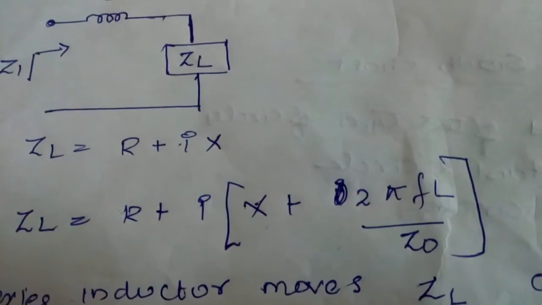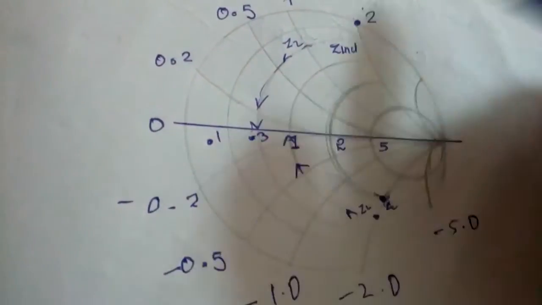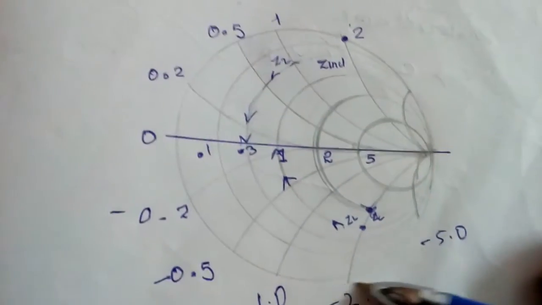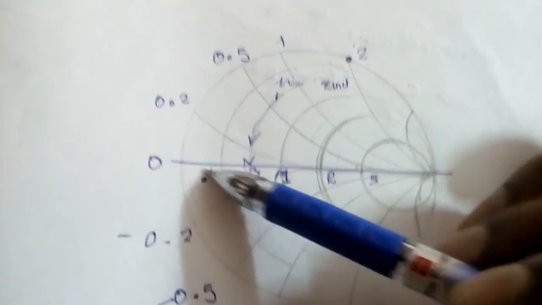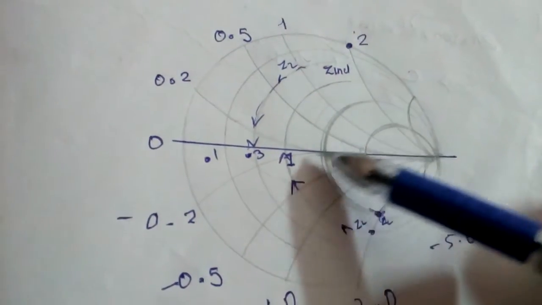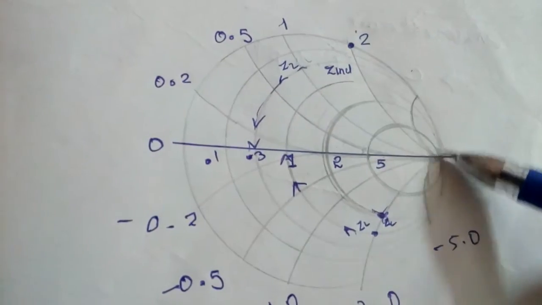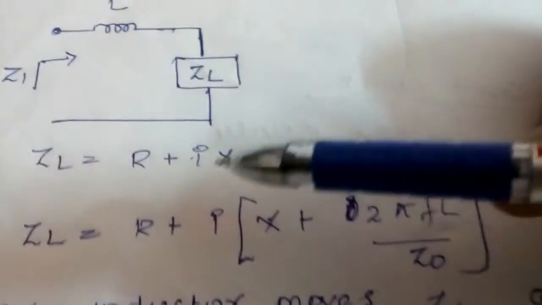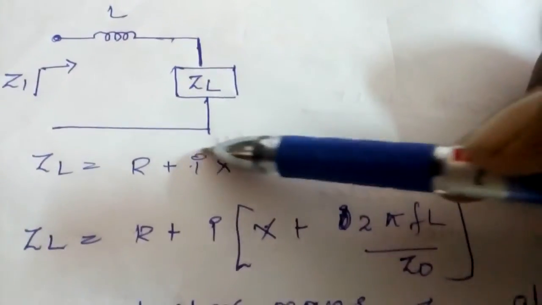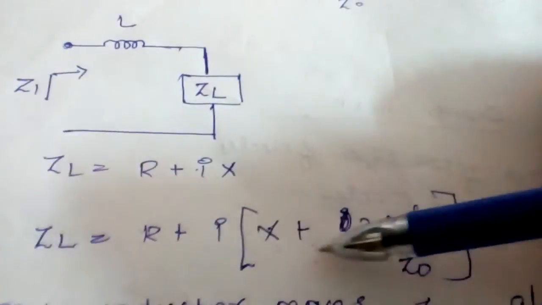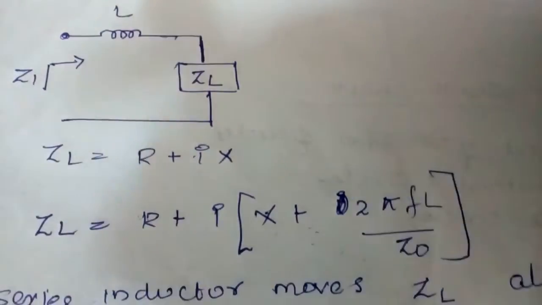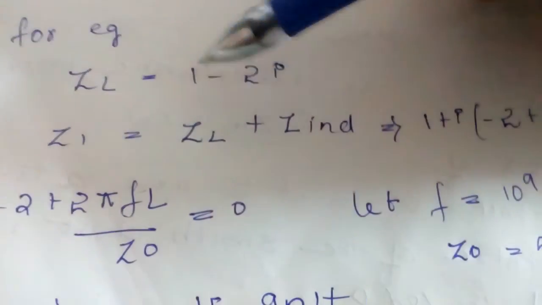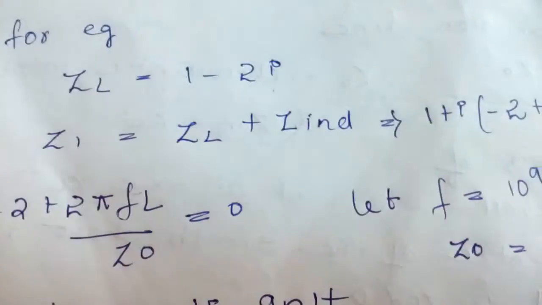And that's that. Now see the chart. All of this here is the reactive part, and this is the real part, which is the resistance of the load. What we are trying to do is get rid of this reactive term, so just equate it with 0. Consider an example: Z equals 1 minus 2j.